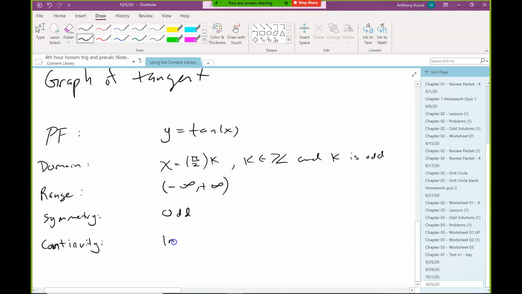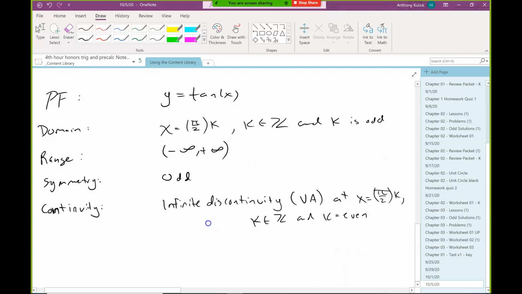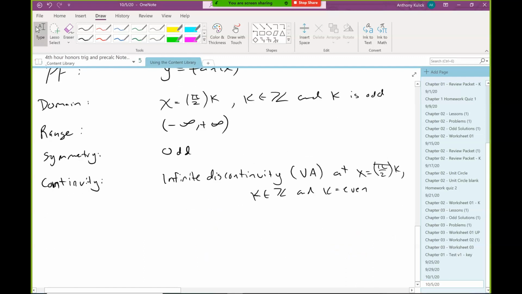We have an infinite discontinuity, i.e. a vertical asymptote, at x equals pi over 2 times k, where k is an integer and an even number.